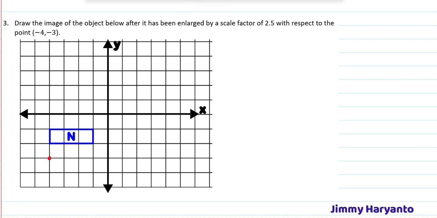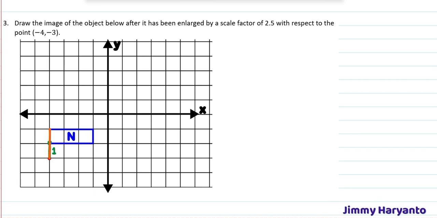And then we only have to do like the previous questions, yeah. Just choose one point right here, and draw a line from the point to the center. Measure the length of the line, which is 1 unit, and because the scale factor is positive, we have to create another line from the center towards the point, but this time 2.5 times as long as the first line.